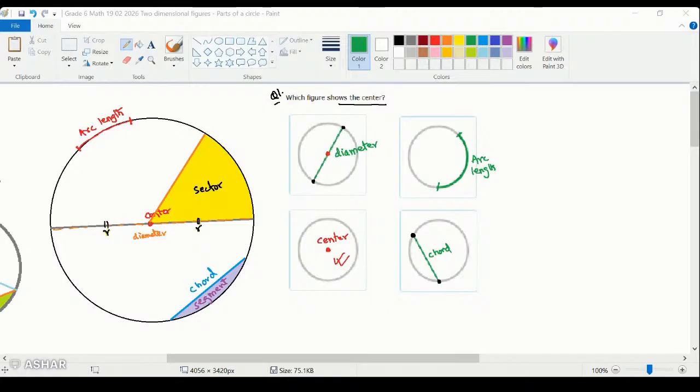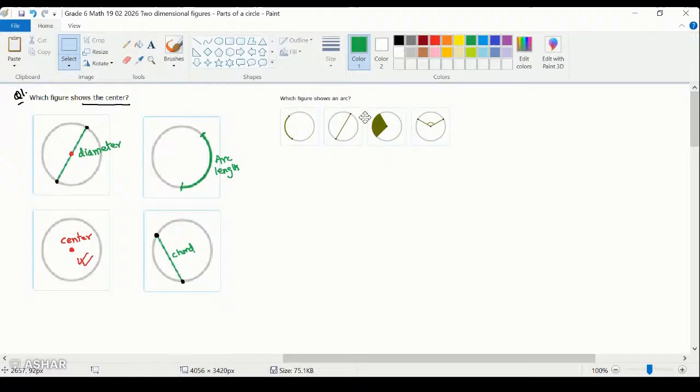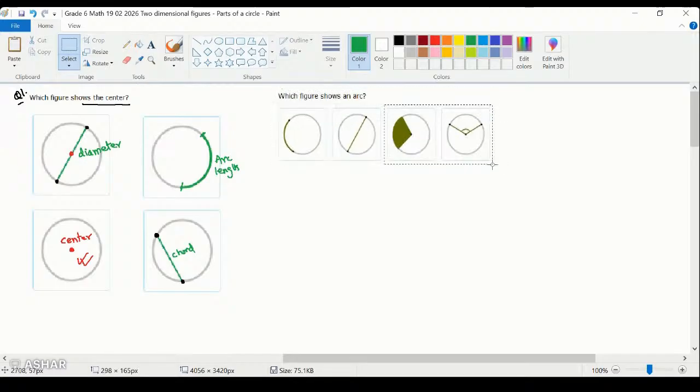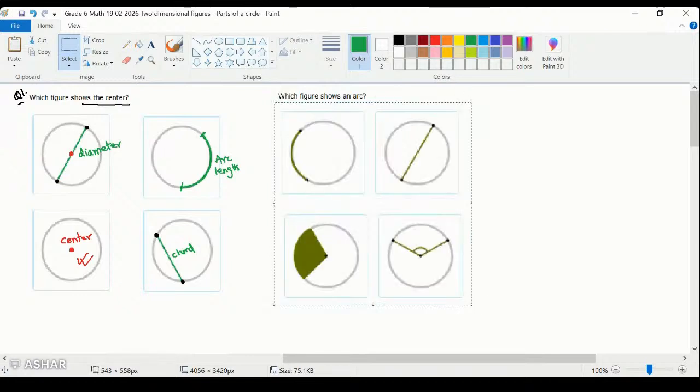Let's have a look at another example. Which of these show us an arc? For the next question, they're asking us which option shows us the arc, where these are the four given options. I'll resize them. For question number two, they're asking us which figure shows an arc.